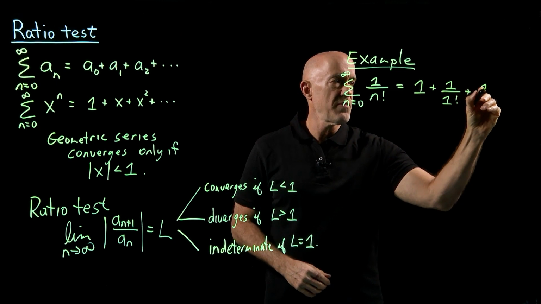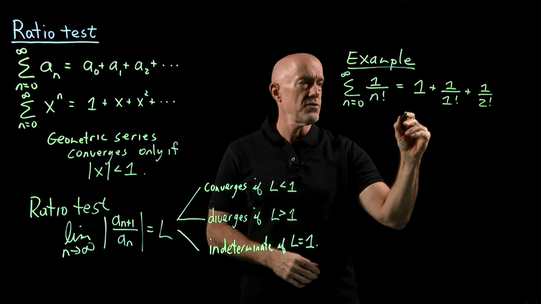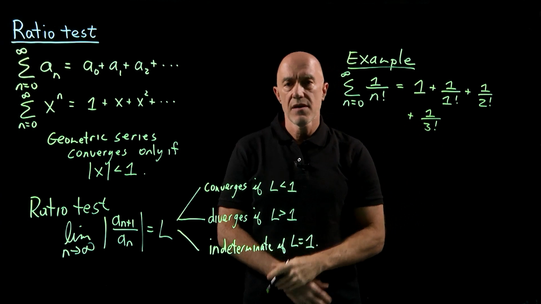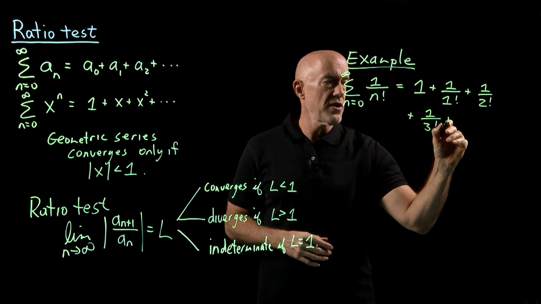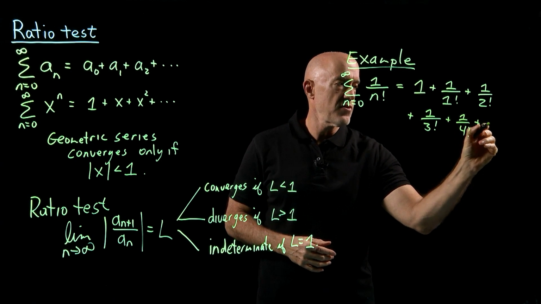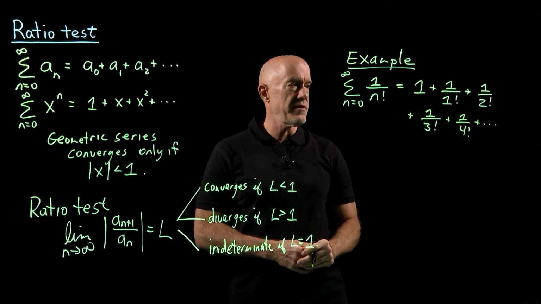The next term would be 1 over 2 factorial. 2 factorial is 2, plus 1 over 3 factorial. 3 factorial is 3 times 2 is 6, plus 1 over 4 factorial, which is 24, etc. Okay, so the denominator is growing very rapidly here.